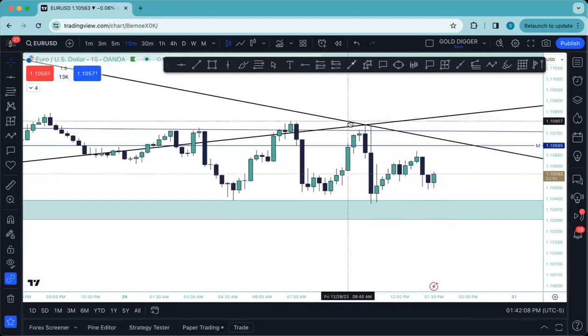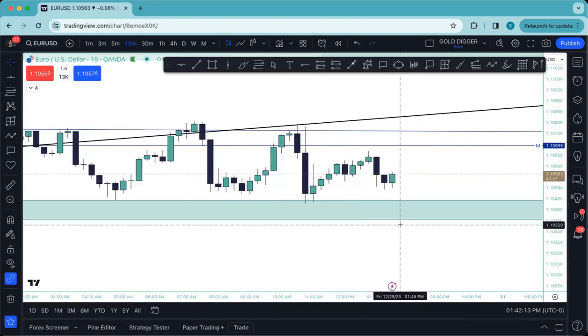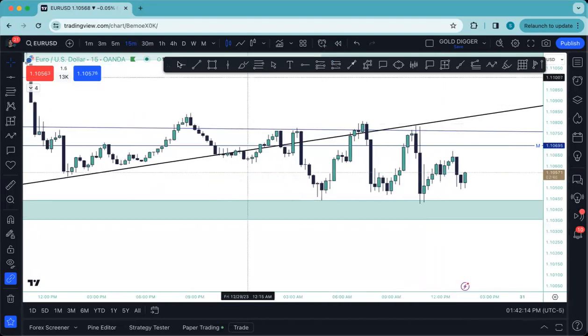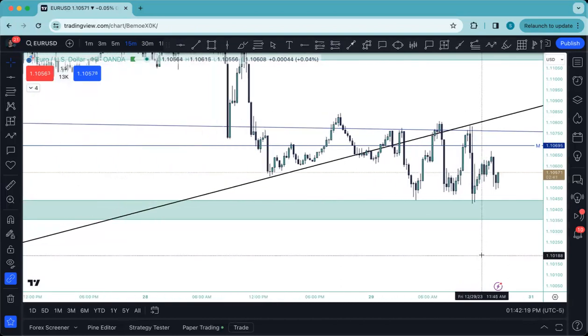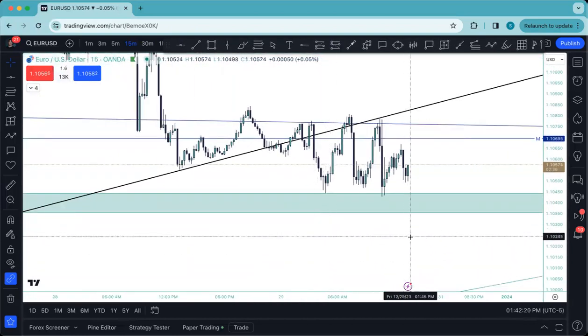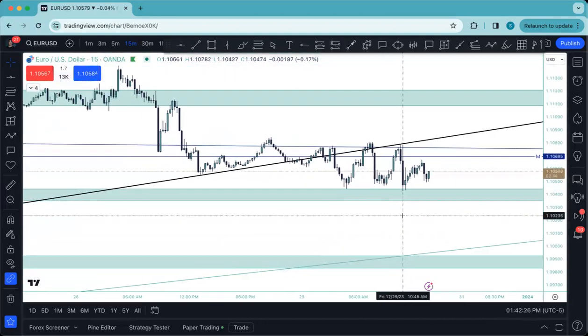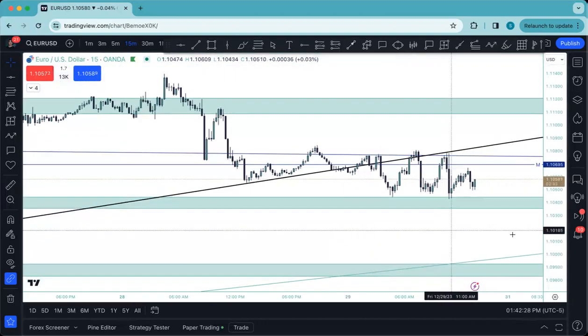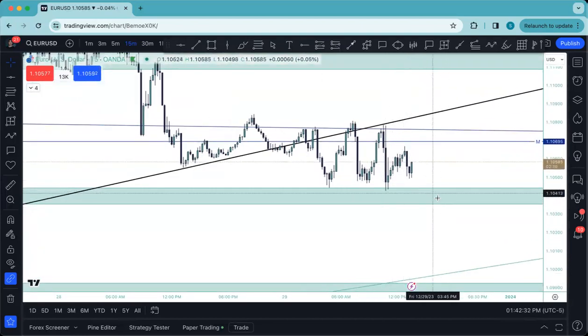That's pretty much it. I'm going to take off this top trend line since it already broke the bottom trend line. And that is pretty much it. It's just waiting for this area to break.